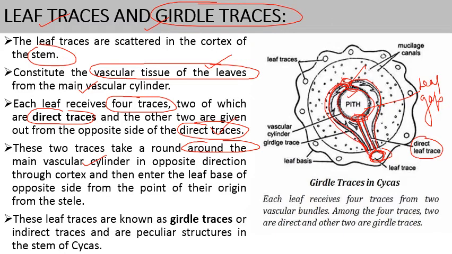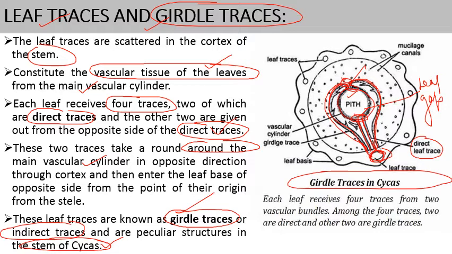These leaf traces are called girdle leaf traces, and the others indirect traces, and these are the peculiar structures found in the cycas stem. So this is a unique feature of the cycas stem, having these 2 types of leaf traces. One is the direct leaf trace and the other is the girdle traces in cycas.